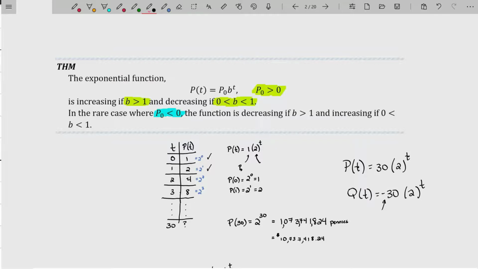So you could graph it very quickly and see this result right here. Not that big of a deal.